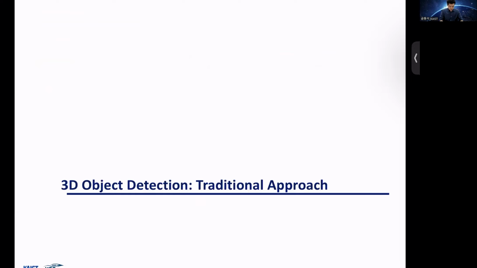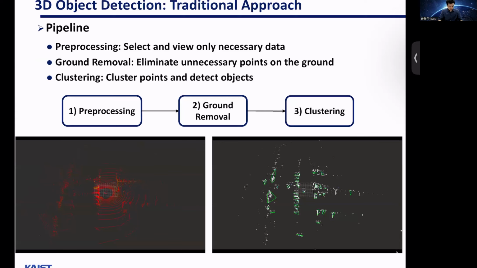All right, let's move to 3D object detection. The traditional approach goes as follows. The pipeline is composed of three parts: data preprocessing, then ground removal, and then clustering.